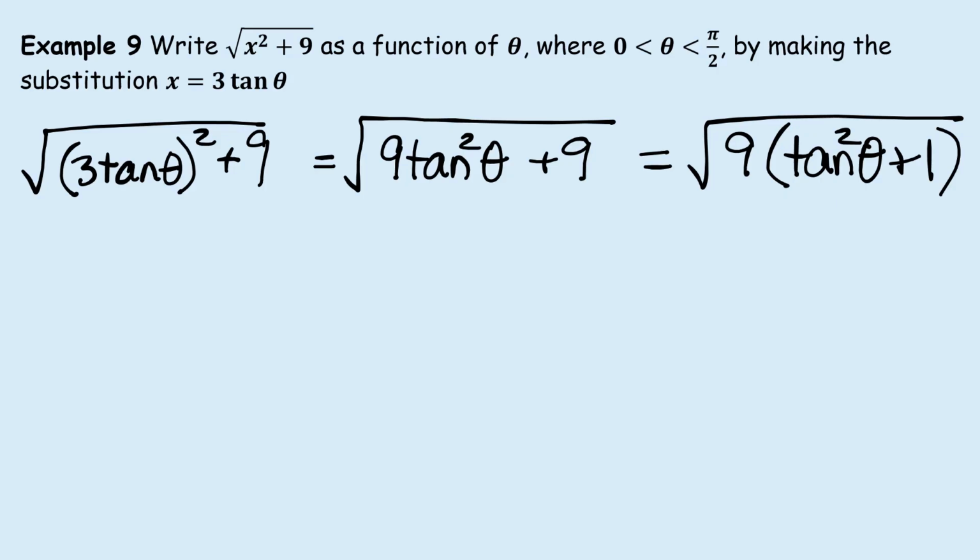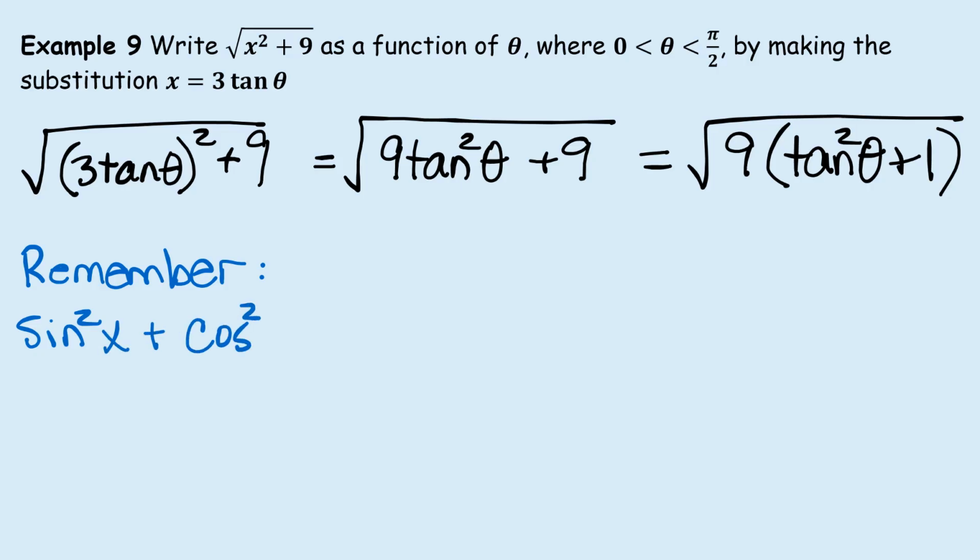I hope you have the Pythagorean identity for sine and cosine memorized already, which is just that sine squared x plus cosine squared x equals 1. You can get the other two identities just by dividing through by sine squared or cosine squared.